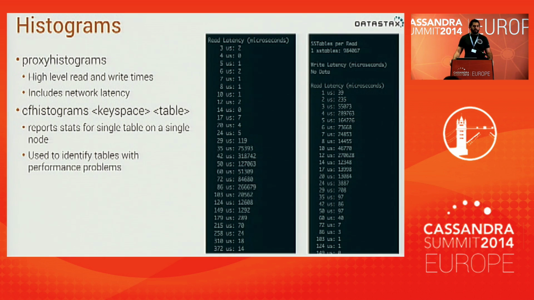CF histograms is a much more useful tool. Once you've looked at proxy histograms, you figure out, okay, maybe this node is having a problem. You can use CF histograms to identify individual tables on individual nodes, and you can basically get a really good idea of which tables are slow. And that's really the thing that you want to figure out.